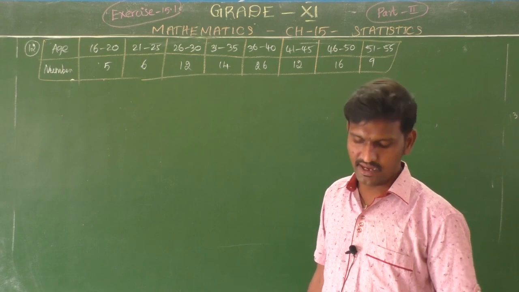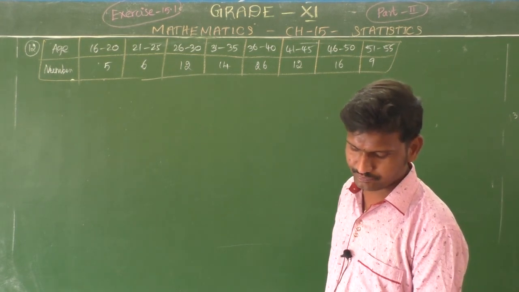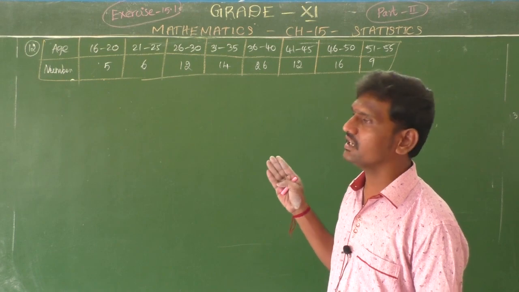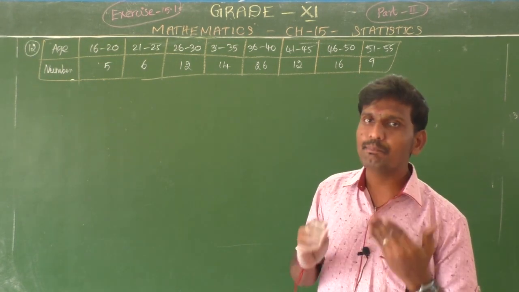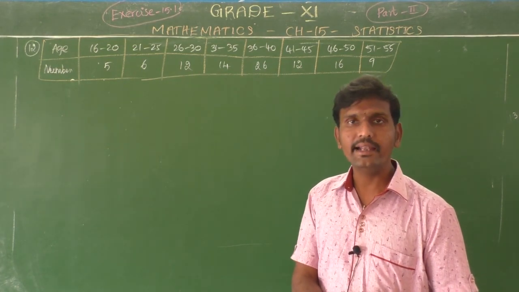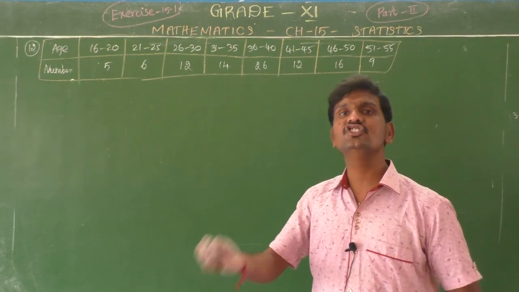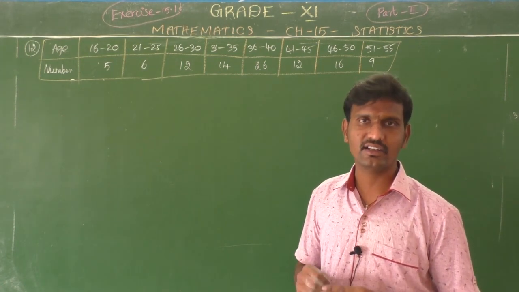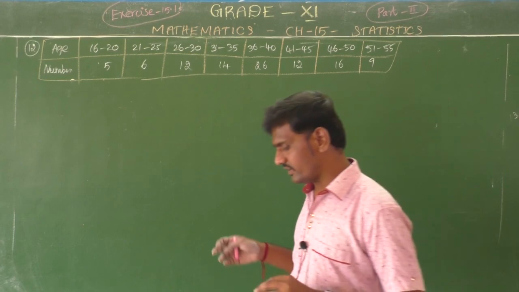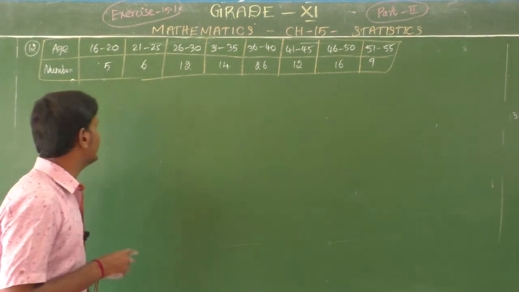Take the lower limit and upper limit: from the lower limit we subtract 0.5 and to the upper limit we add 0.5. That's all. Like that we take the adjustment factor to get the revised class interval.